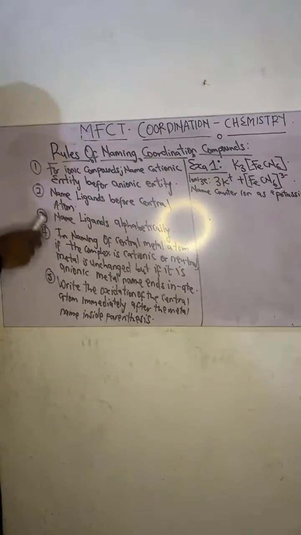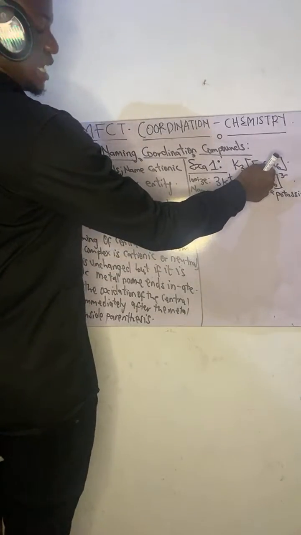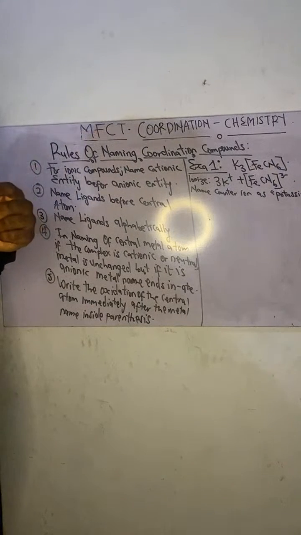After you have named the counter ion, we are now going to name the coordination sphere, following rule number 2: name ligands before the central atom. The ligand here is CN, and we have 6.